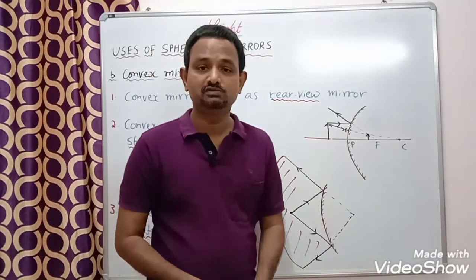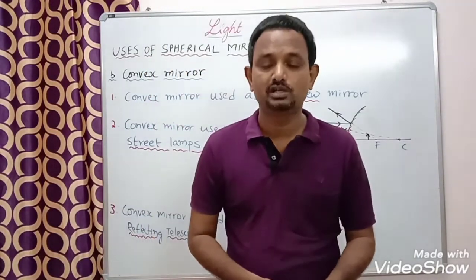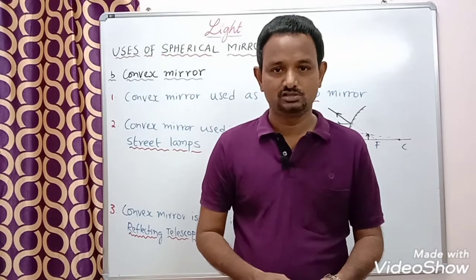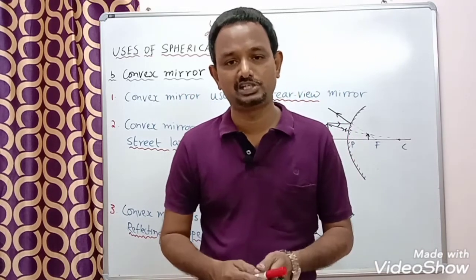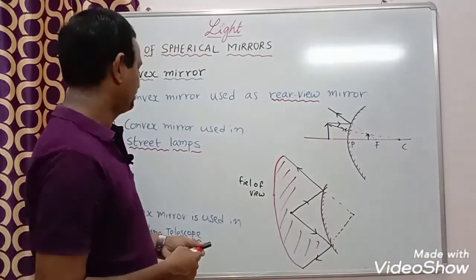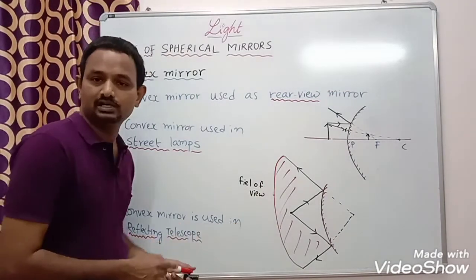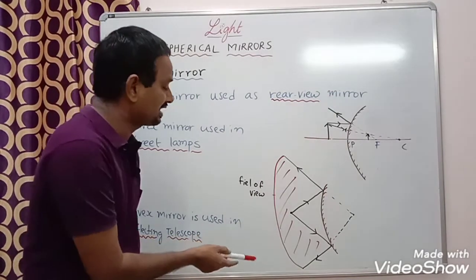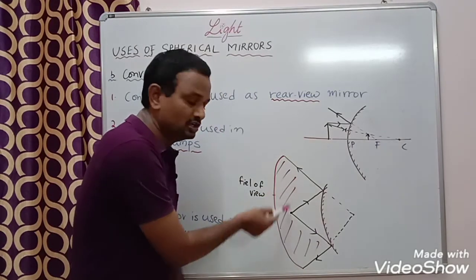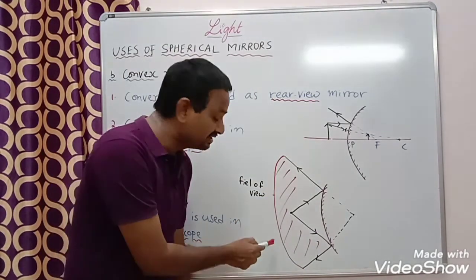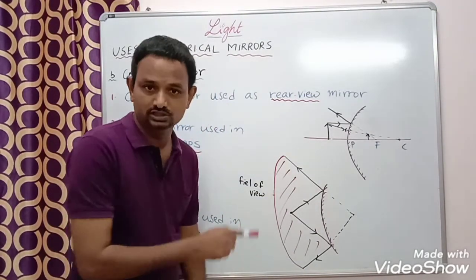Okay, and the next one: we use convex mirrors in street lamps. Why do we use a convex mirror in street lamps? Same application. A convex mirror has a larger field of view, so it covers a larger area on the ground.